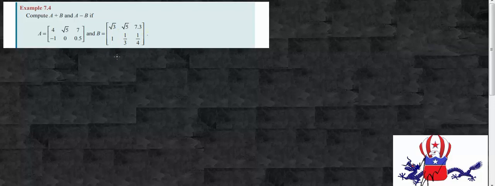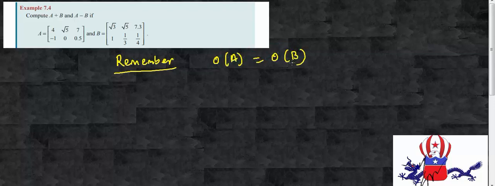A very important point to remember: for performing addition or subtraction, the order of the matrices should be equal. If they are not equal, then the addition or subtraction cannot be performed.